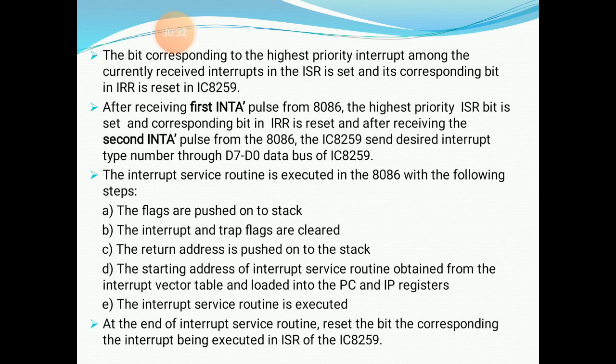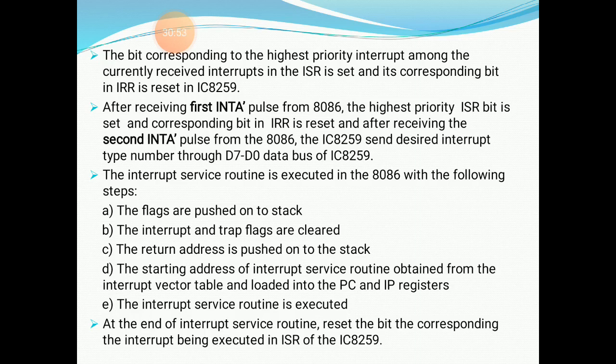So the processor generates 2 INTA bar pulse signals. During the first pulse, the 8259 sets the ISR bit corresponding to the highest priority and at the same time resets the IRR bit. After receiving the second pulse, the 8259 sends the type number of the highest priority interrupt.